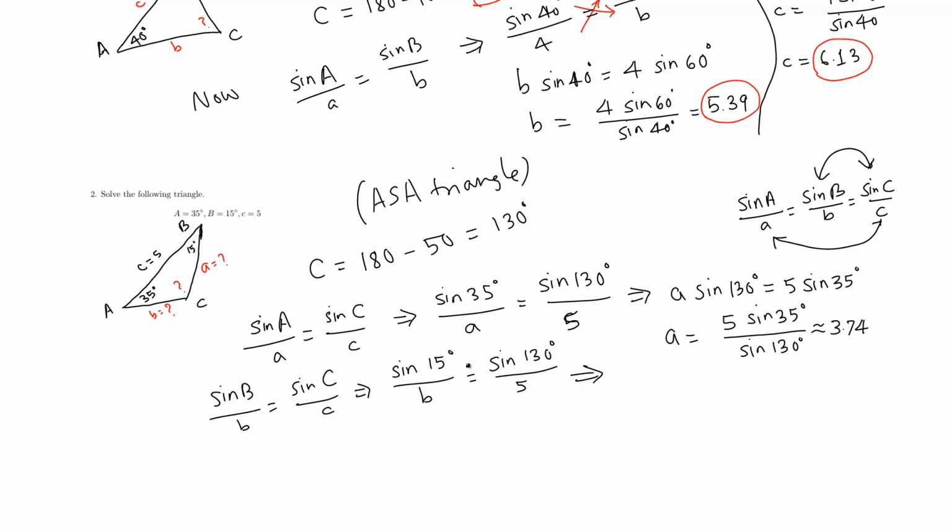We can cross multiply here. So b times sine 130 is equal to 5 times sine 15. Divide by sine 130 to isolate b. So 5 times sine 15 over sine 130. Use your calculator and it comes out to be 1.69.